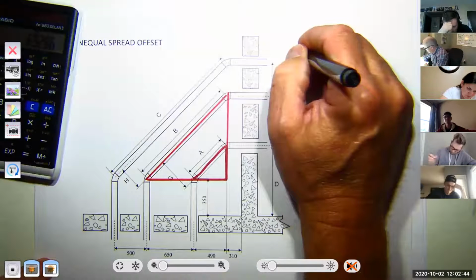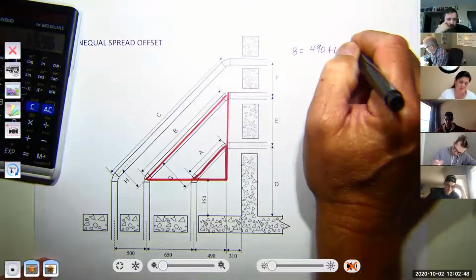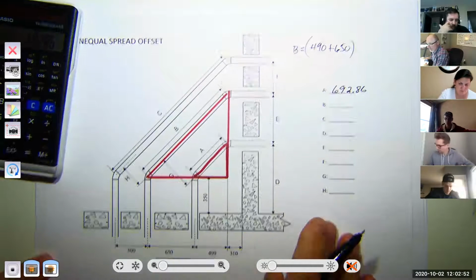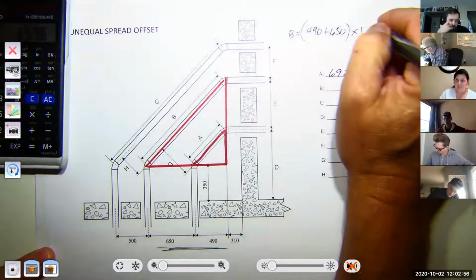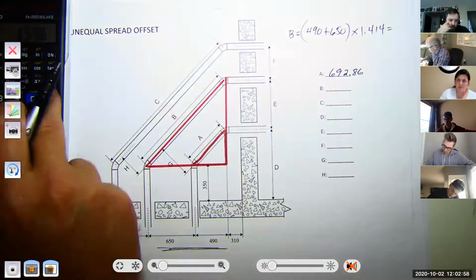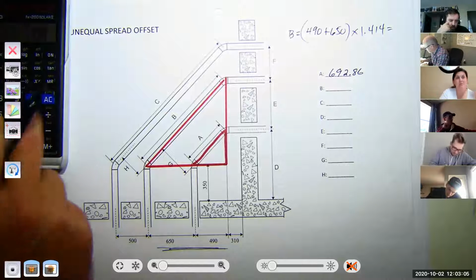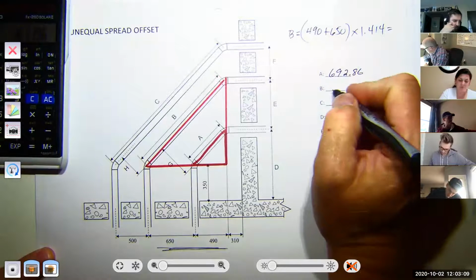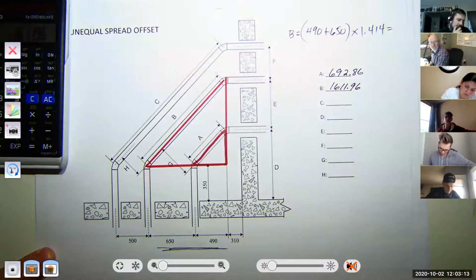B is equal to 490 plus 650. That's the run down here. Times 1.414 is equal to B. So 650 plus 490 times 1.414 is 1611.96. B is 1611.96.